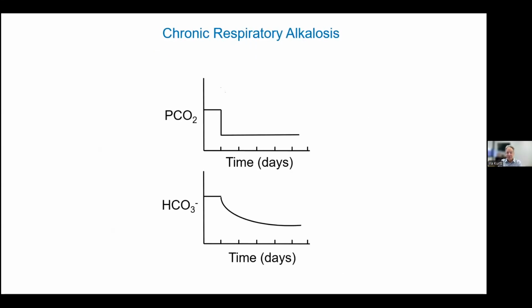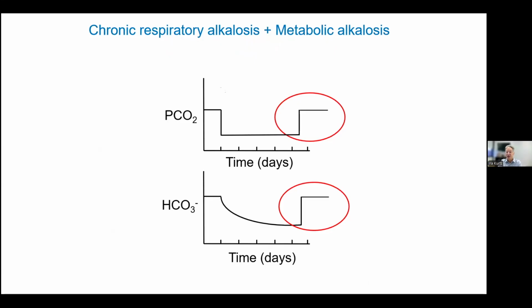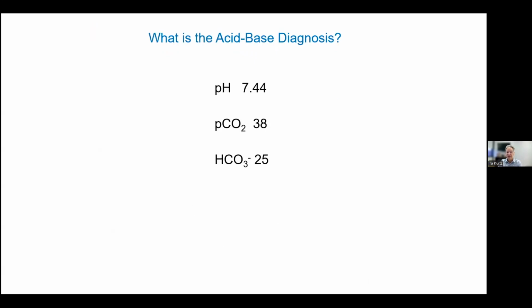And so our patient should look like this, where chronically the bicarbonate should be falling to a new steady state, usually within the first trimester, and stays somewhat like that the rest of the pregnancy. But our patient had this, our patient had normality. So the question is, what's going on as far as the acid-base abnormalities? So if we see this, it must be a combination of at least chronic respiratory alkalosis, but something else.